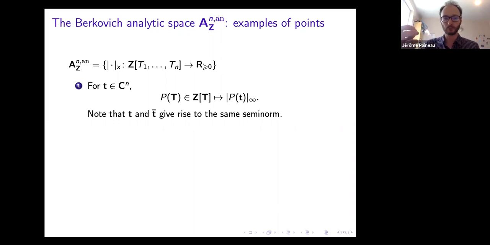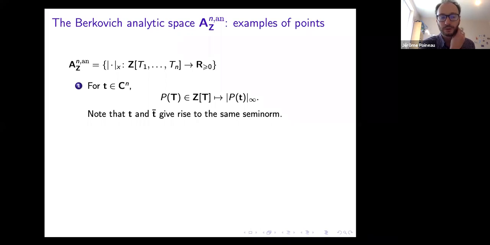So you start with a polynomial, you evaluate at the point t, and then you compose with the usual absolute value. The one I denote with the subscript infinity is just the usual absolute value, okay? And so then what is the completed residue field here? So here the kernel is just capital T minus small t, right?